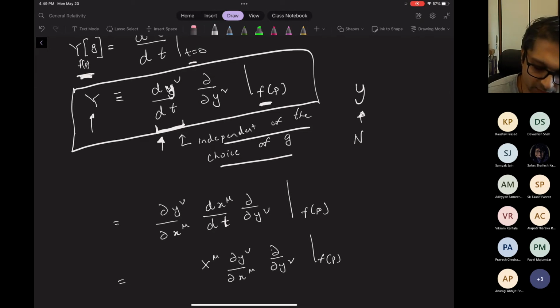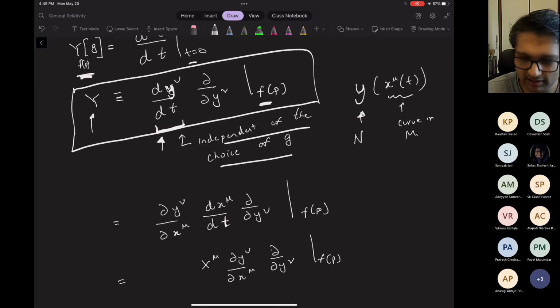These points y are really functions of x mu of t. So when I take points along the curve in M, I take the corresponding coordinates of those points in N. This is using F, which is the mapping from X to Y, and this is C of t, the original curve in M.